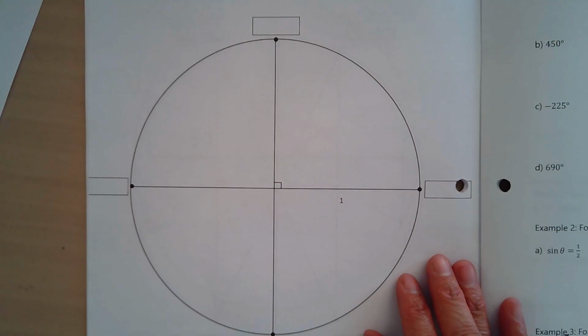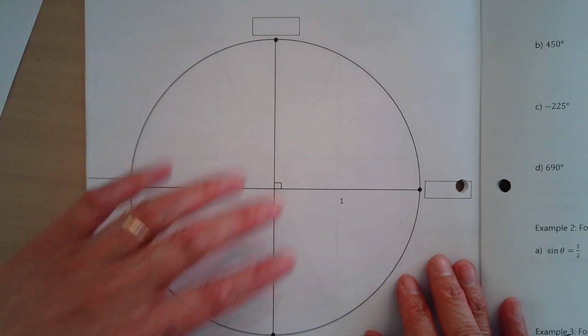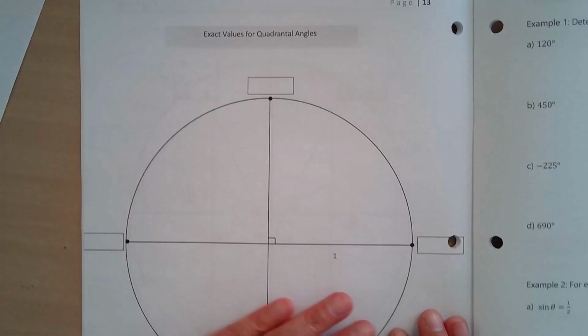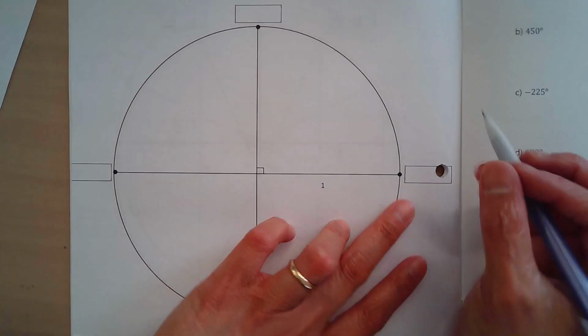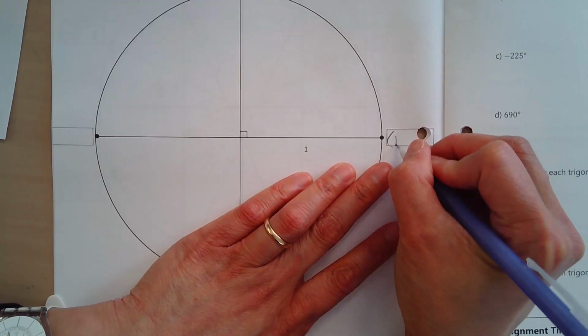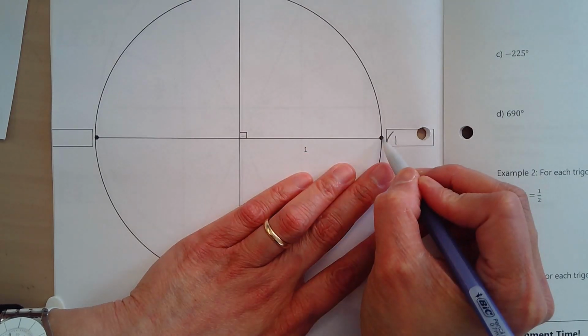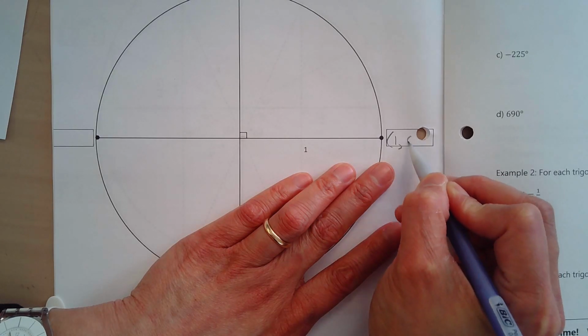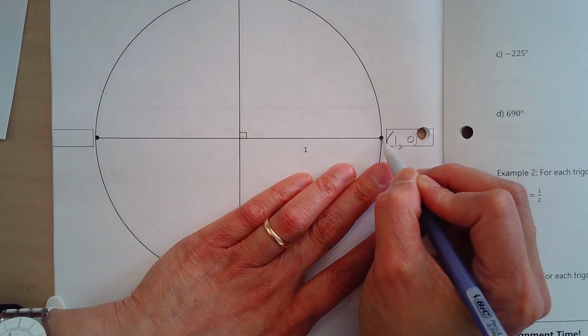Okay, so those are our special angles, and now we're going to do the exact values for quadrantal angles. So what would this be? If x is 1, what is y? Y has to be 0, right?